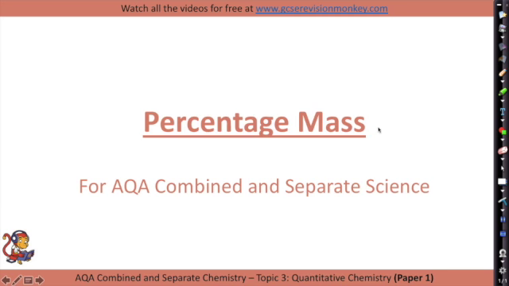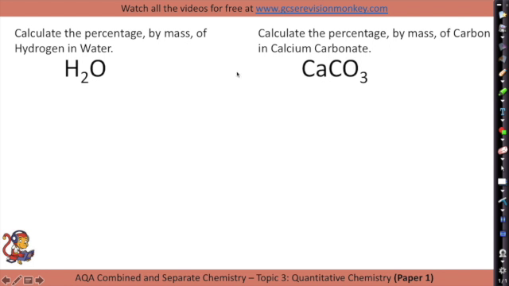Linking to relative formula mass, you might be asked to calculate percentage mass, and you might see a question such as this, where it says calculate the percentage by mass of hydrogen in water. And to do this, you calculate the mass of hydrogen that's in the molecule, divided by the whole thing, multiplied by 100.